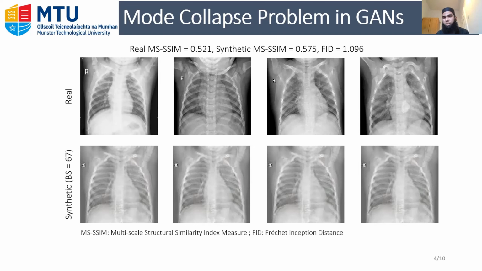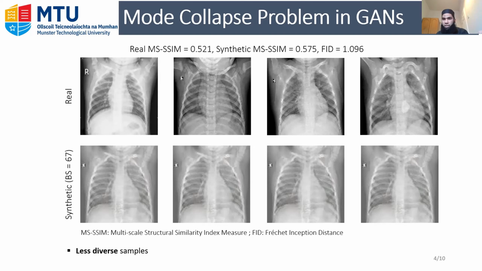So it degrades the diversity of generated samples, and it also degrades the performance of GANs with respect to the synthetic imagery. So we use the multi-scale structural similarity index measure and Fréchet inception distance to differentiate synthetic images from real ones.